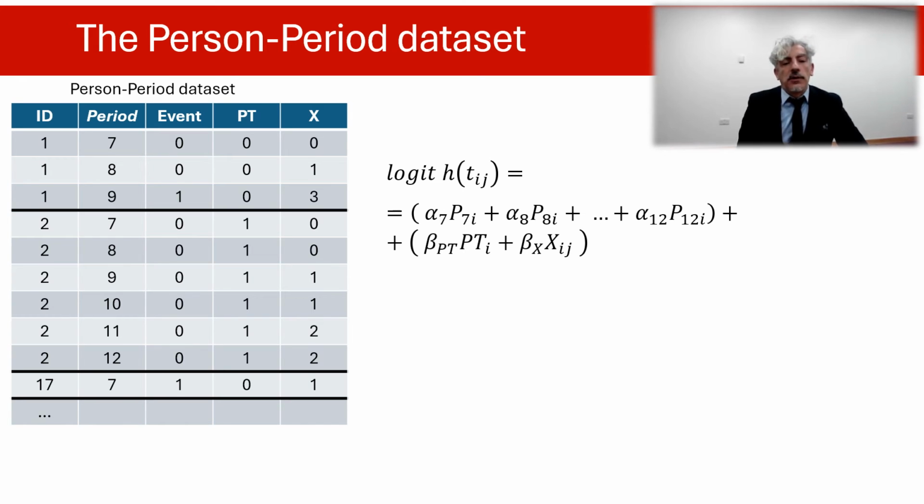However, it's also worthwhile reflecting on what this equation is doing conceptually. In survival analysis, we are interested in answering questions about the relationship between the timing of an event and covariates or predictors. So time is conceptually an outcome when we are talking about survival analysis. However, this equation is basically making time, indexed by periods, into a predictor.